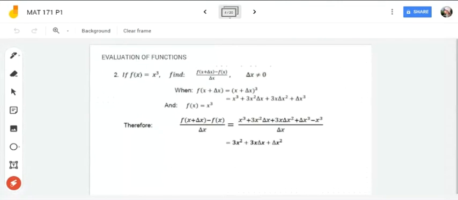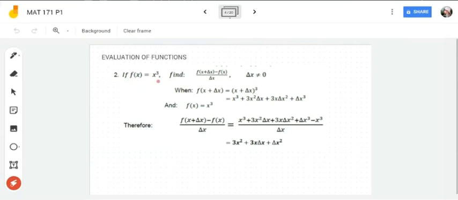Okay, let's see. We have another example here for the evaluation of functions. What will happen if we evaluate the function f(x) = x cubed in the expression f(x plus delta x) minus f(x) over delta x, where delta x is not equal to 0?